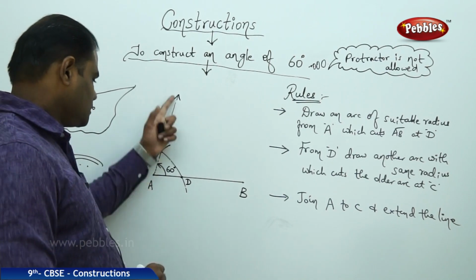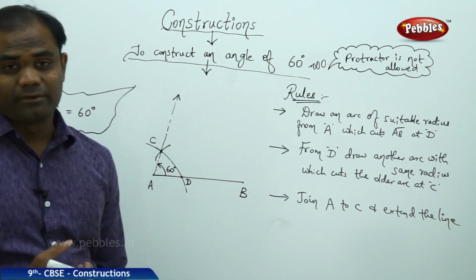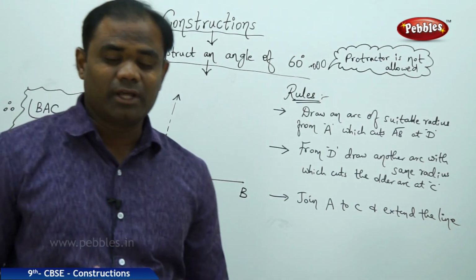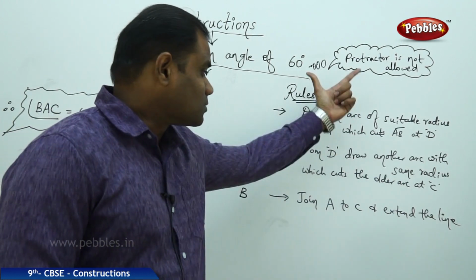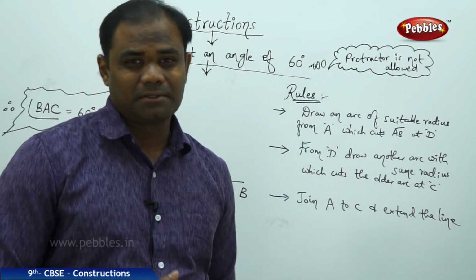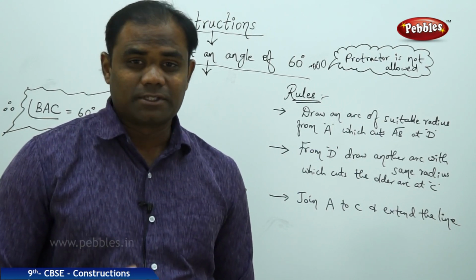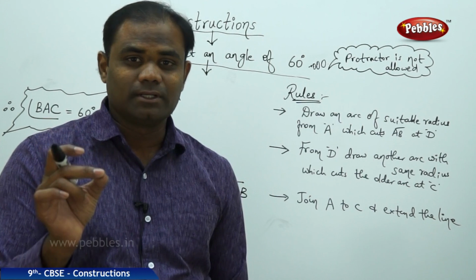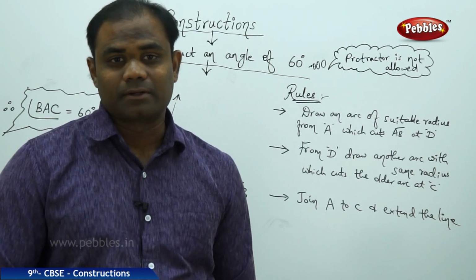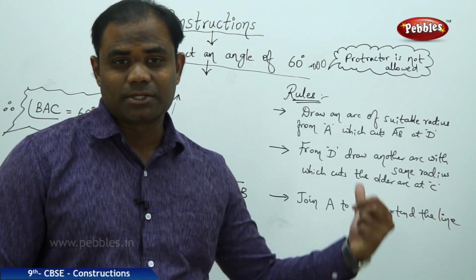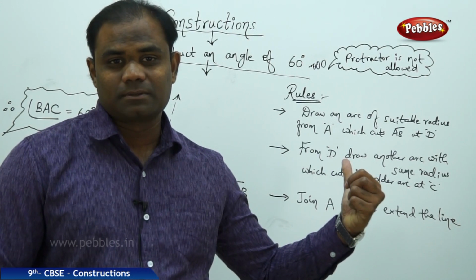Angle BAC is perfectly 60 degrees. So whenever we want to draw an angle of 60 degrees, we use this simple technique, which helps me in perfectly drawing an angle of 60 degrees. More importantly, without using a protractor, is how I understand the property concept.